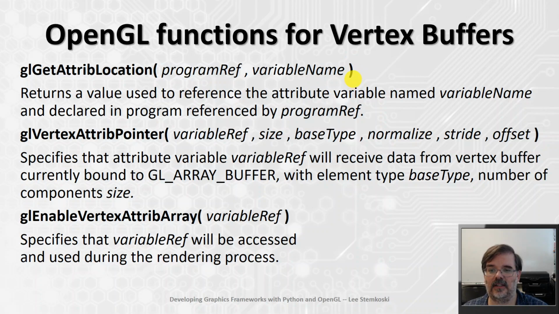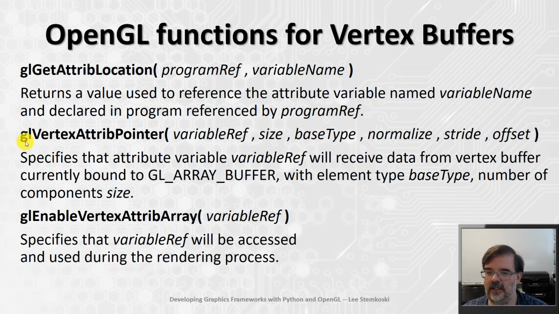We don't assign data to a variable by name, we assign it through its reference. So given a program that we've previously initialized with this program reference, this function, glGetAttribLocation, will look for a variable with a specific name, and it will return the reference to that variable. And it's that reference you'll use later on.